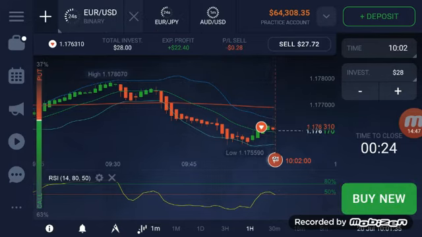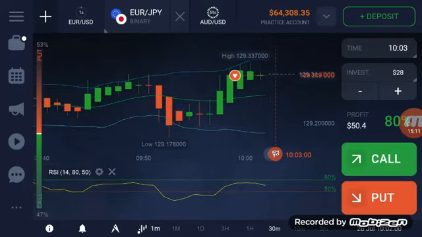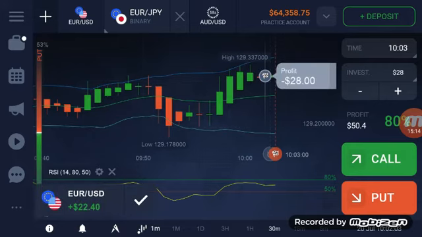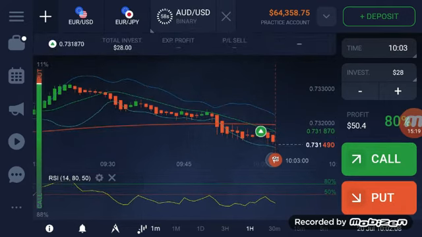Let's stay like this. Okay, one win, one loss, and we have one more trade here that looks like another loss.